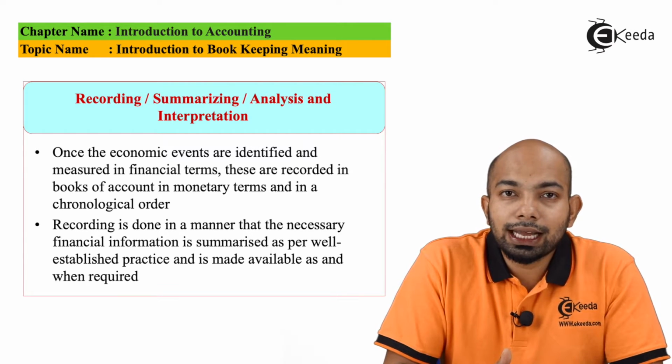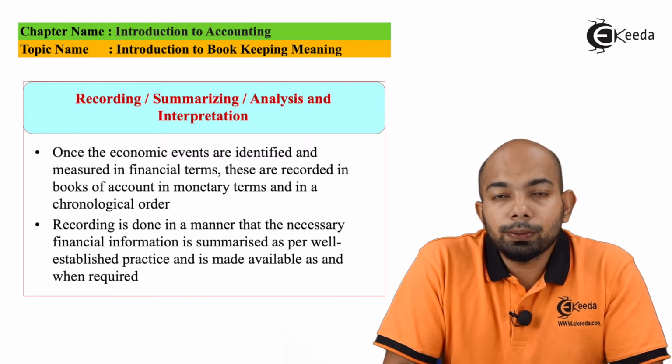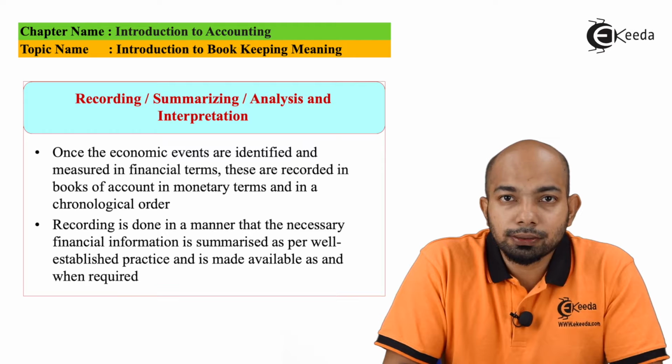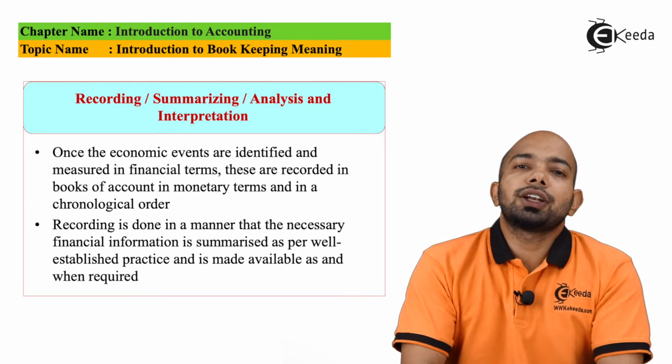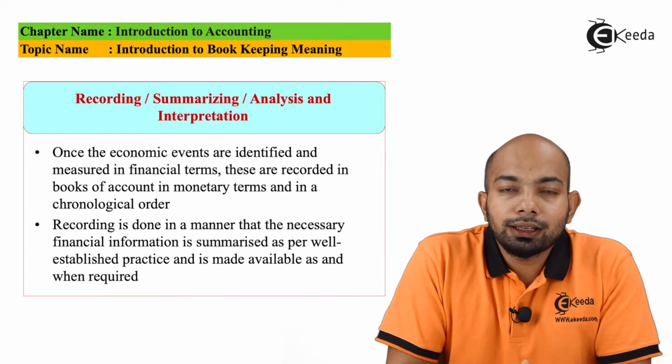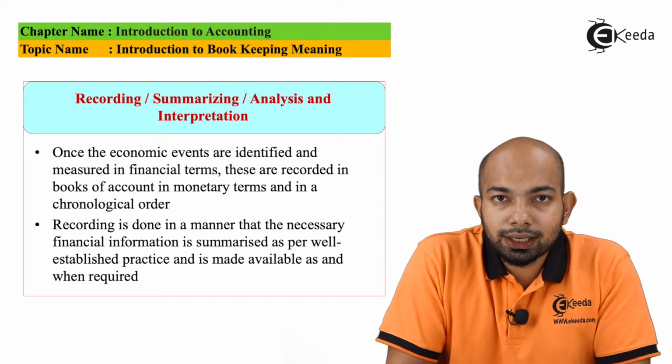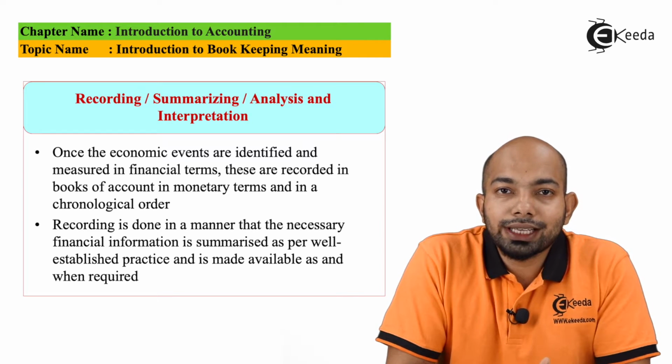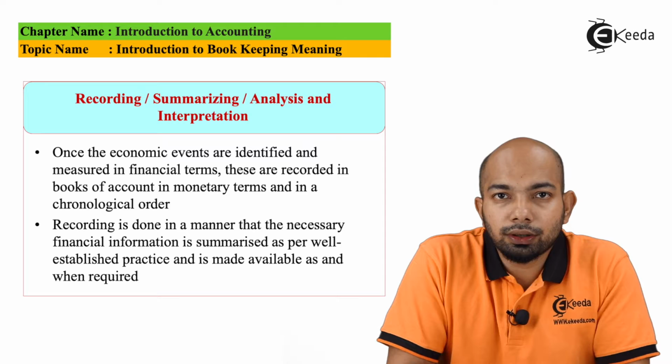Once this recording and summarizing has been done, we'll go ahead and analyze and interpret these transactions. To understand the financial position of any company, a chartered accountant interprets the transactions which have been summarized and recorded.